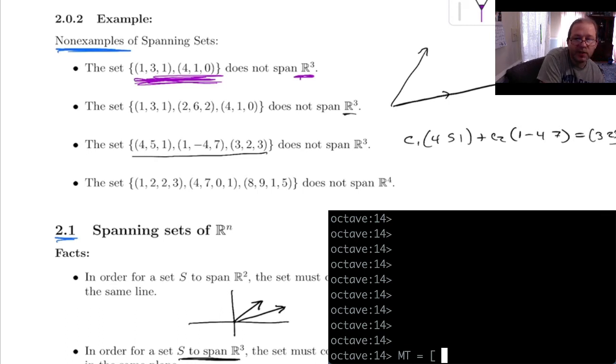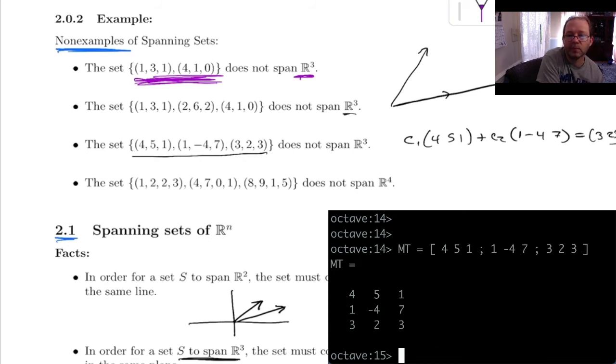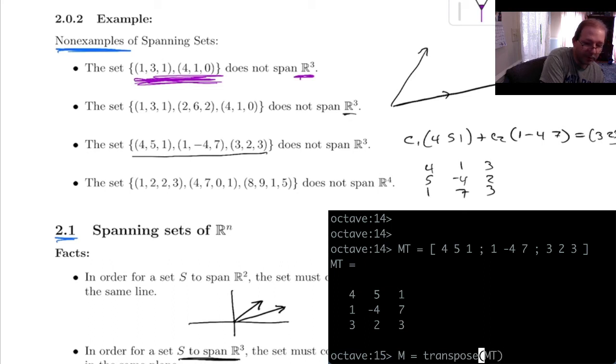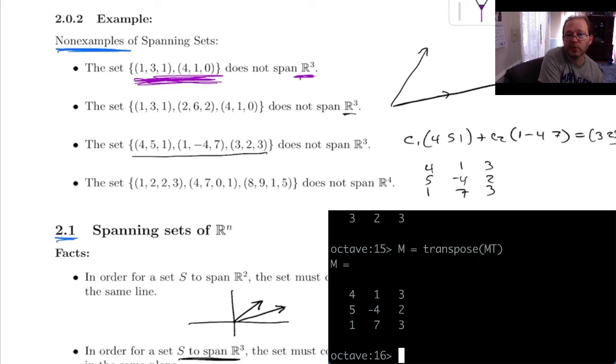Now, it's easier for me to type these in like that instead of having to convert them all into columns. So that's not quite what we want for our system. We want the system 4, 5, 1, 1, -4, 7, 3, 2, 3. So I'm going to make M be the transpose of MT. And so that's the matrix we want.